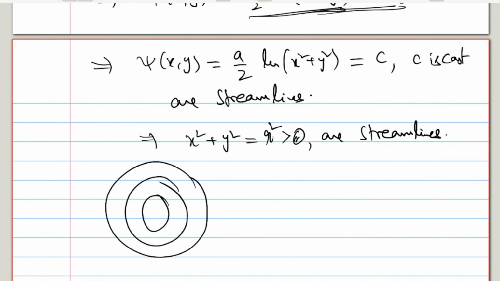Yeah. So depending on a, right? So they are moving clockwise if a is positive. You look at here, if you look at the tangent here, what is the tangent at that point?